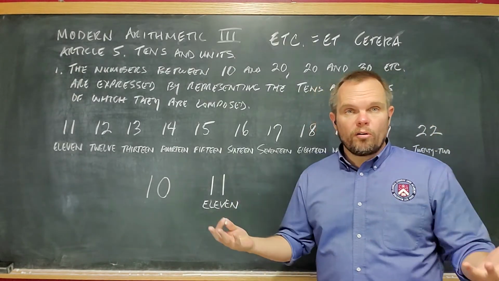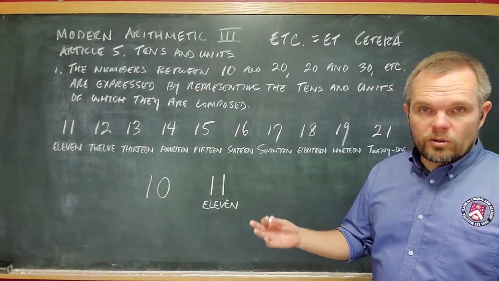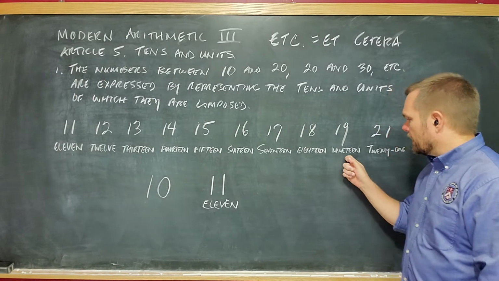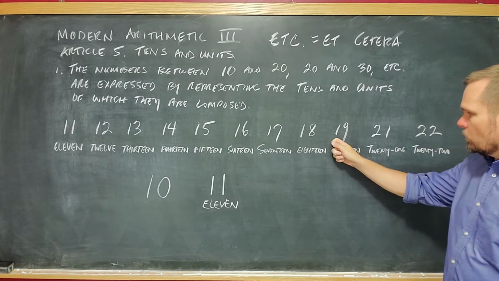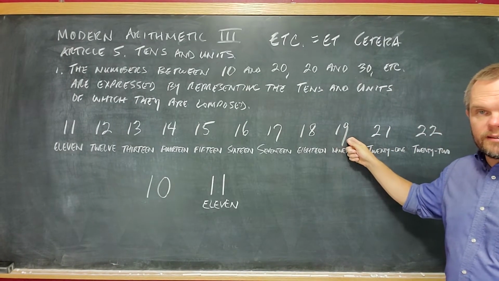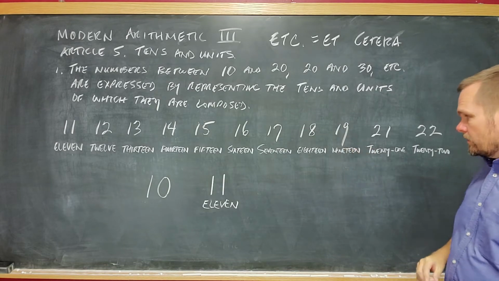It has a full 9 units. So the number 19 has 1 ten and 9 units.